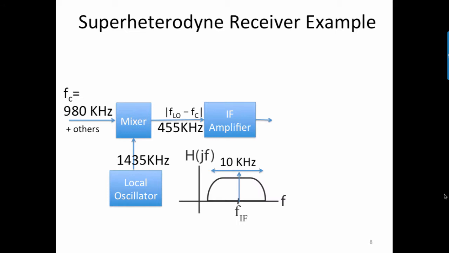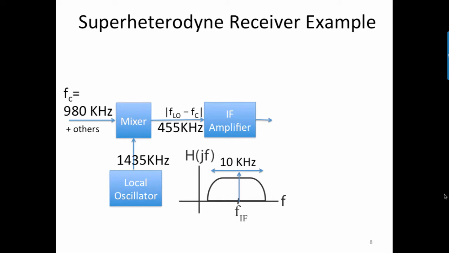In the previous slide, we saw that when 980 kilohertz enters the mixer and mixes with the 1435 kilohertz local oscillator, it produced the desired 455 kilohertz IF frequency.